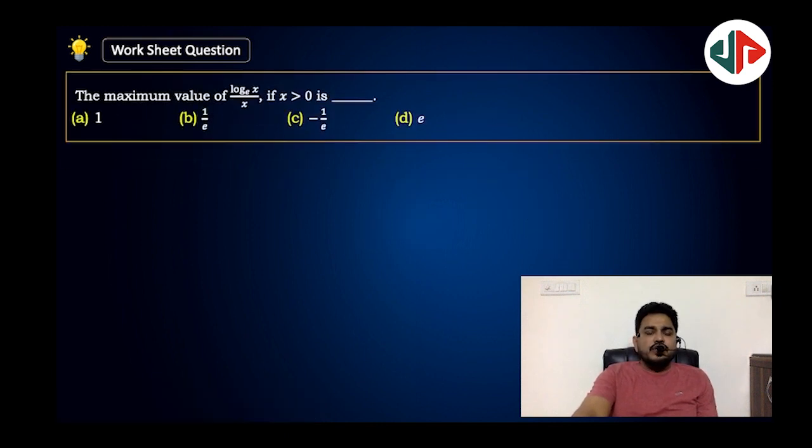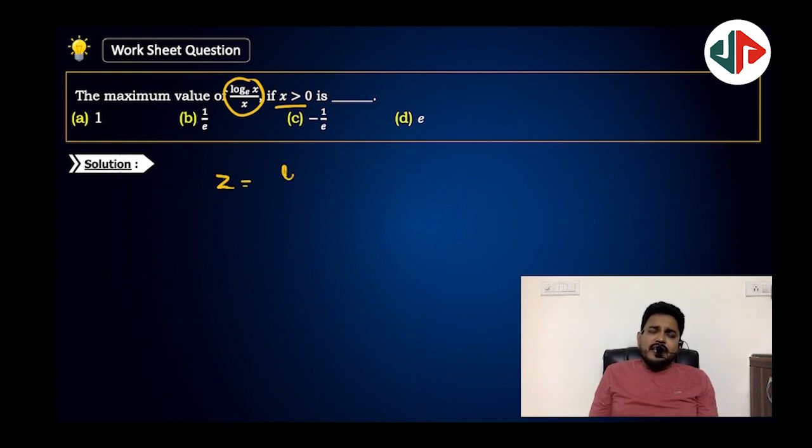The next question, maximum value of log x by x, x greater than 0. So again, z is equal to log x by x, dz by dx is equal to denominator whole square.